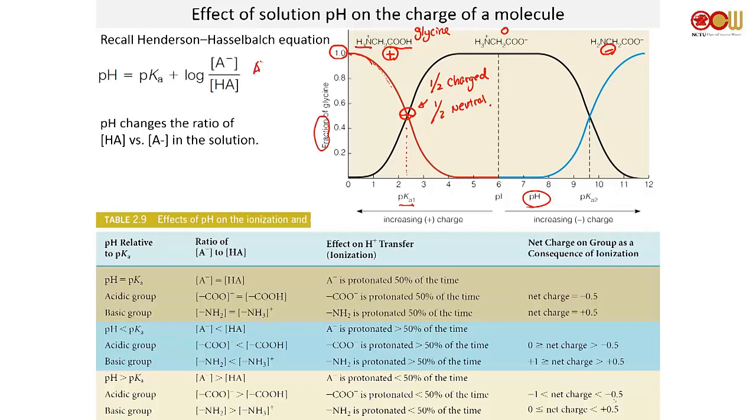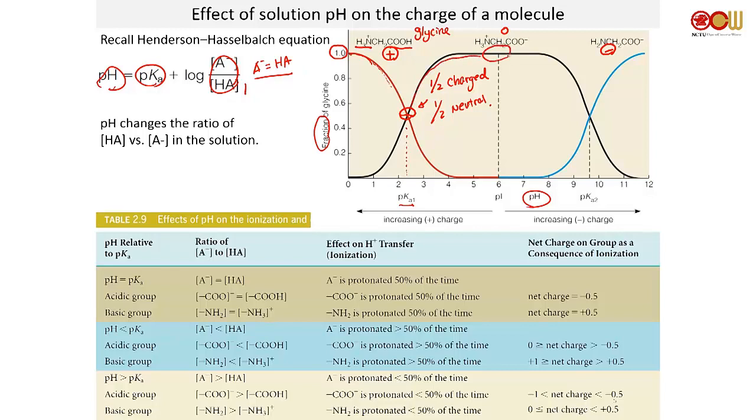Because A minus equals HA, and this cancels, so pH equals pKa, right? That essentially tells you that the ratio is equal to 1, and log of 1 is 0. And in order for the ratio to equal 1, your A minus has to equal HA. So that's that.